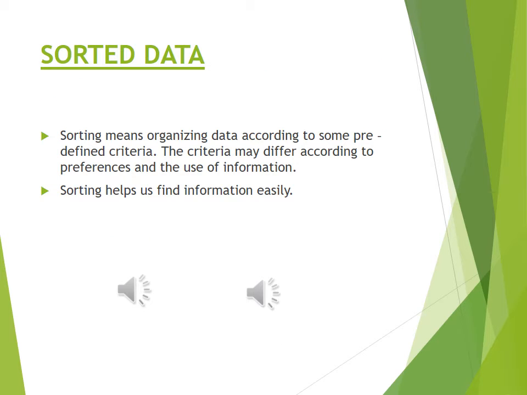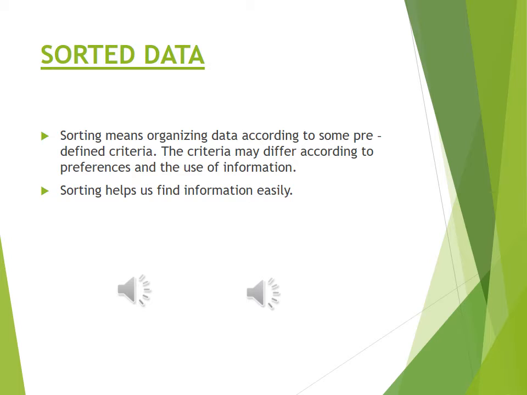Okay, now we are discussing sorted data. Sorting means organizing data according to some predefined criteria. The criteria may differ according to preferences and the use of information. Sorting helps us find information easily. Sorting basically means to organize something.